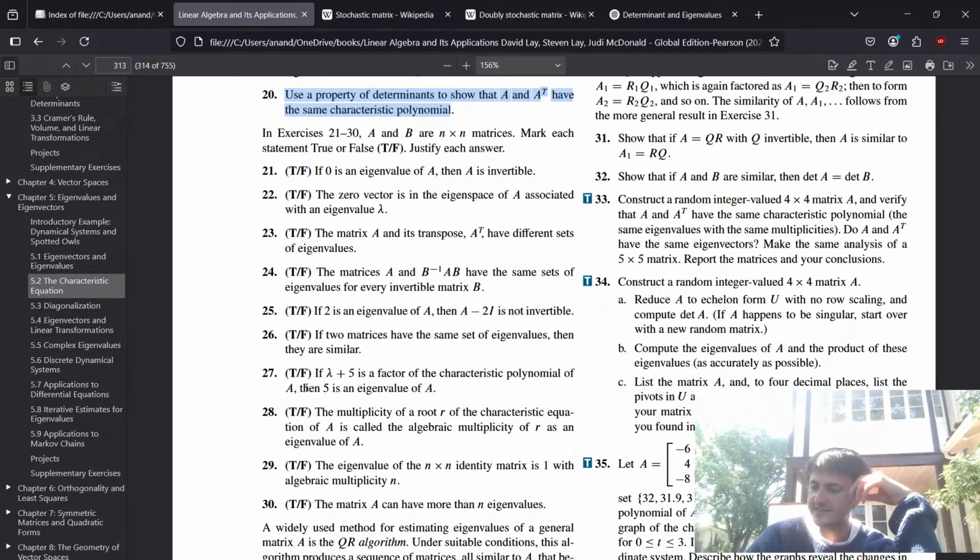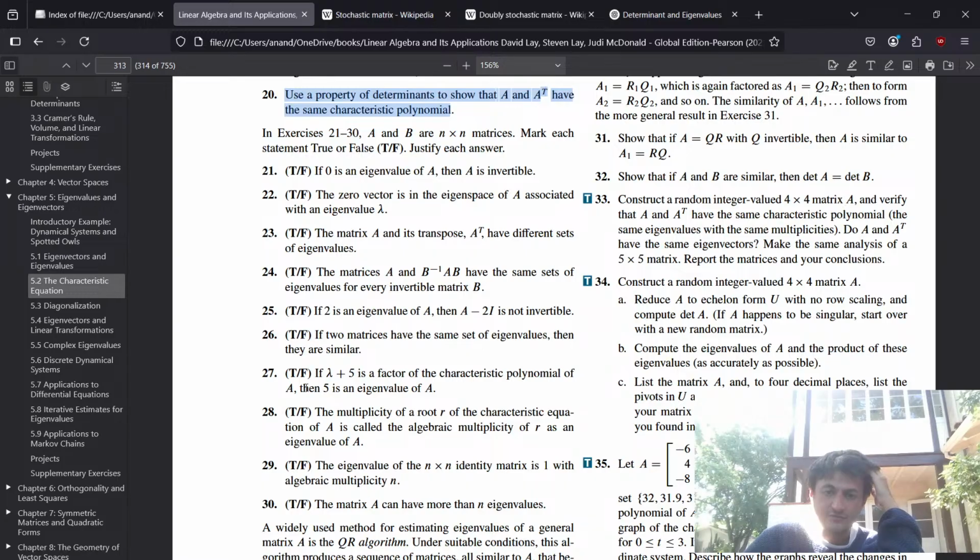Take det A. Now we take det B inverse A B. So that is true. All right, 25. If two matrices have the same set of eigenvalues, then they're similar. That is false. Wait, oh, I did the wrong one.